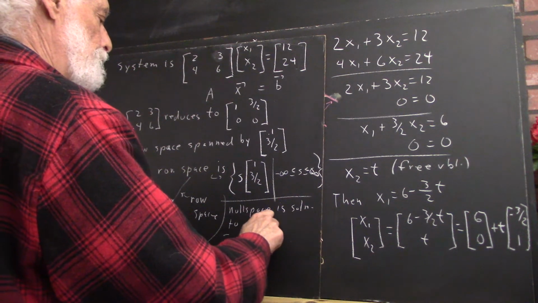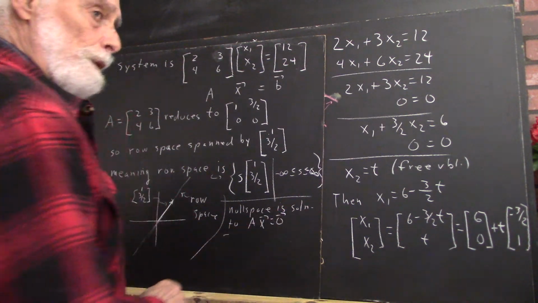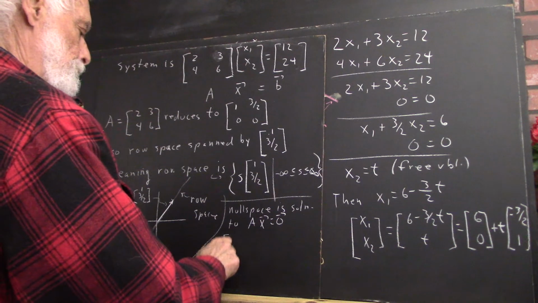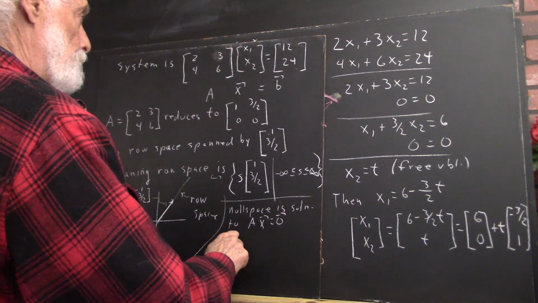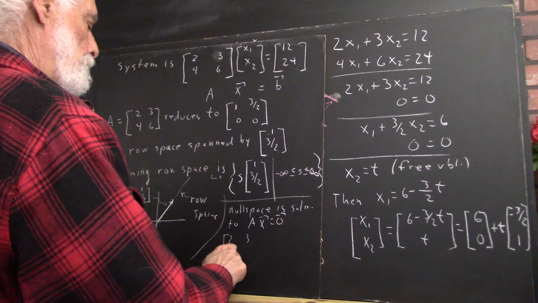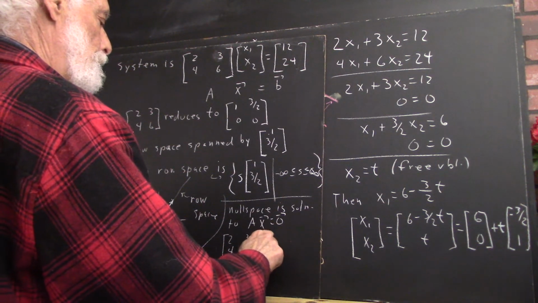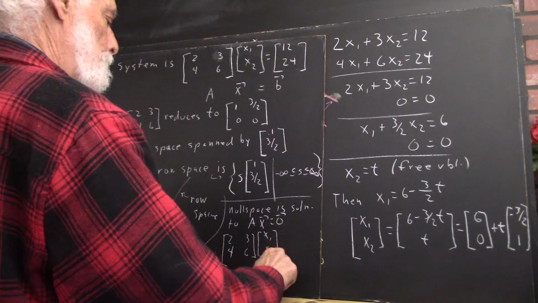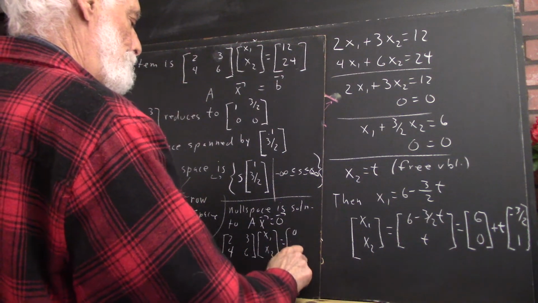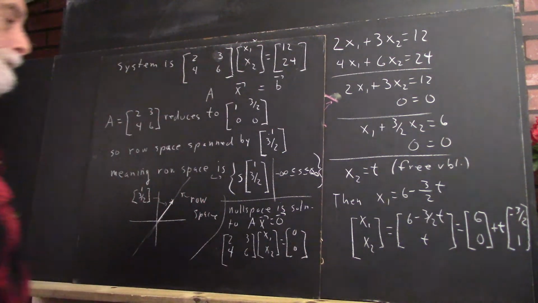Write it AX equals 0 in matrix notation, and that would be the matrix (2, 3; 4, 6) times (x1, x2) equals (0, 0).